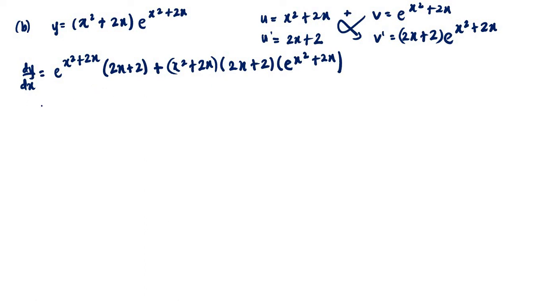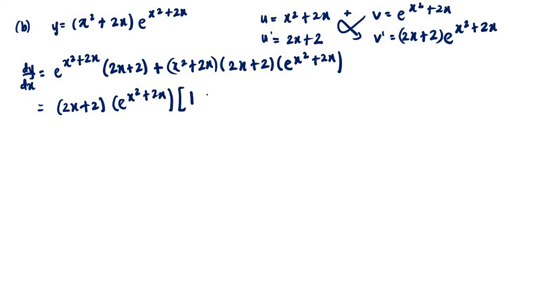So sekarang ni kita simplify lah function kita. So we have (x squared plus 2x)(2x plus 2), this one. Okay, so kita tengok sebutan yang sama, apa yang kita boleh factorkan. So we have 2x plus 2 on both sides. Okay, so we factor out 2x plus 2. Okay, and we can also factor out this e^(x squared plus 2x). Okay, so both term ada.